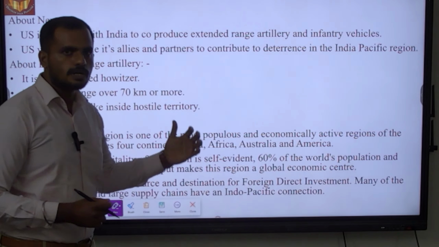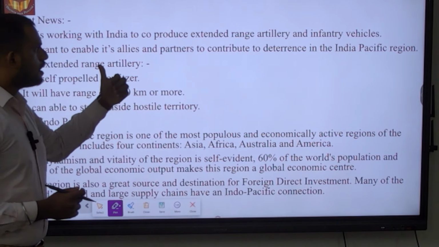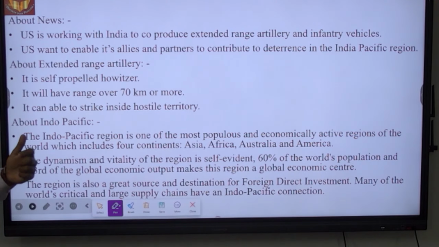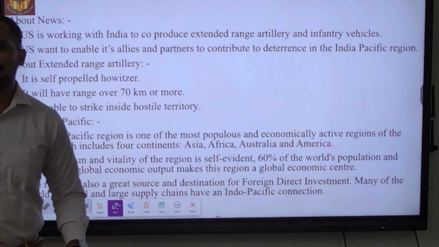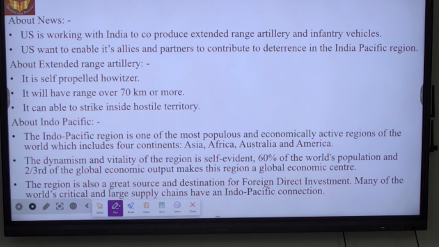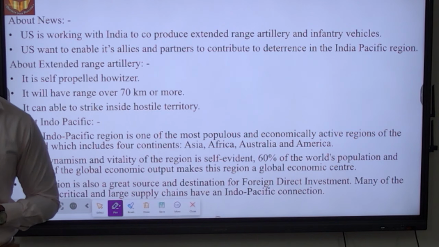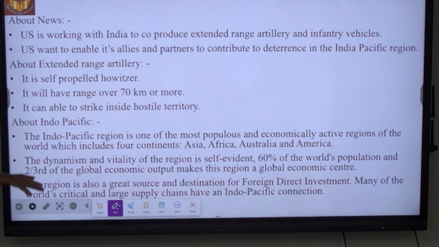We will see why in the upcoming slide. Because of the threat posed by China in the Indo-Pacific region, the US wants to counter China through regional partners present in the region like India, Japan and Australia and other Southeast Asian countries.